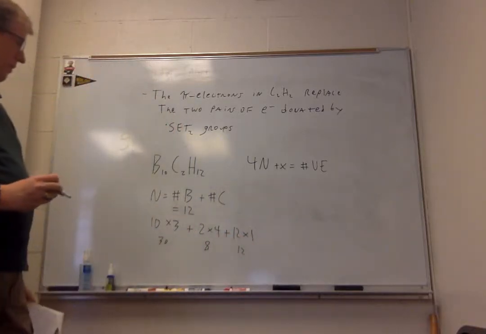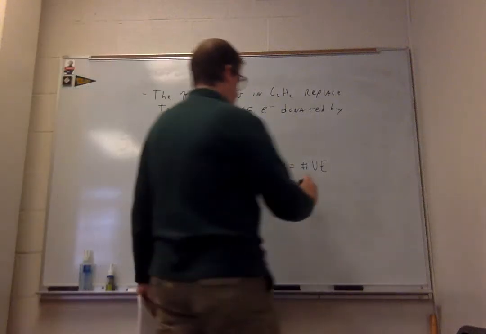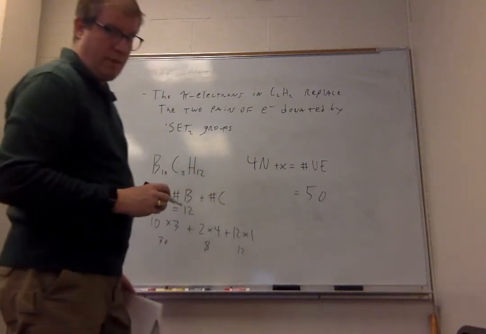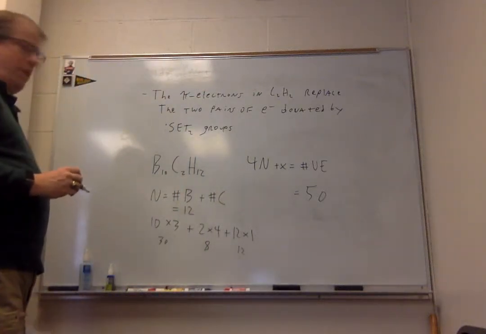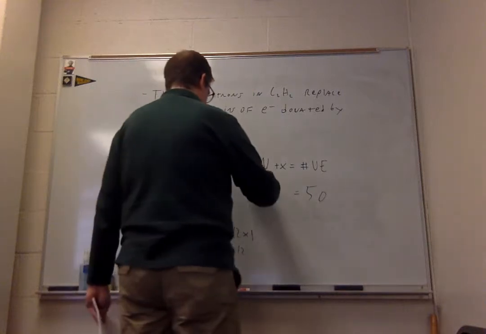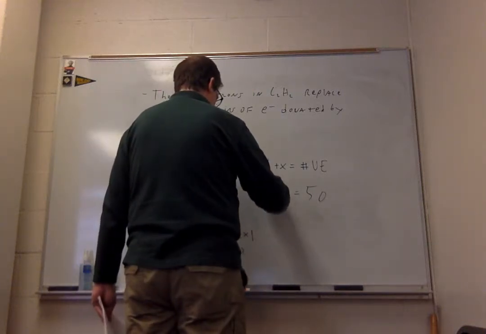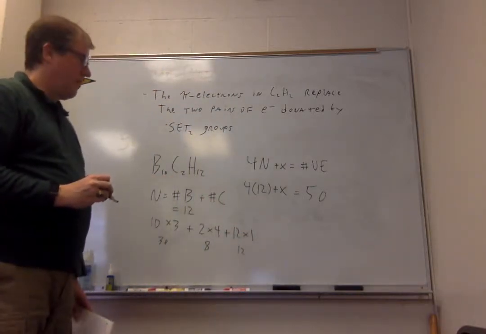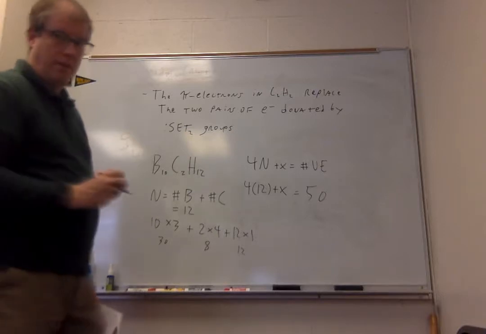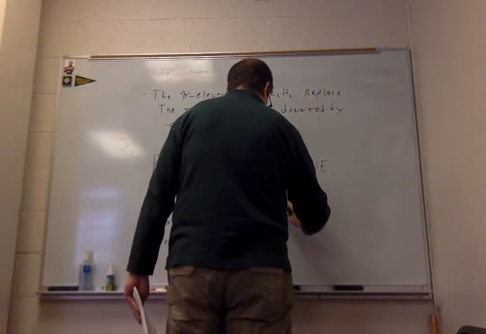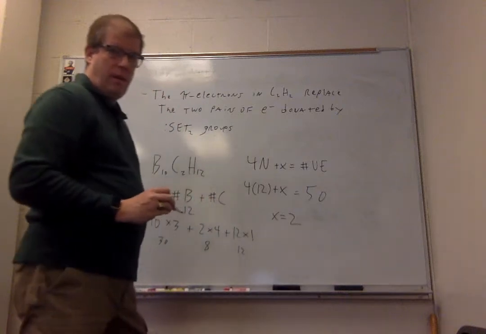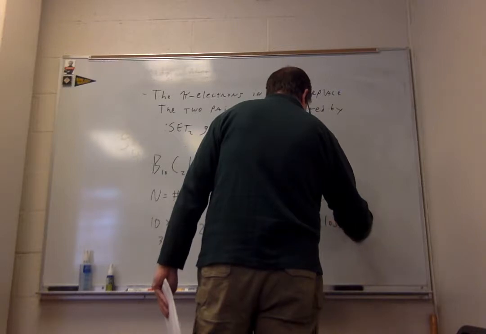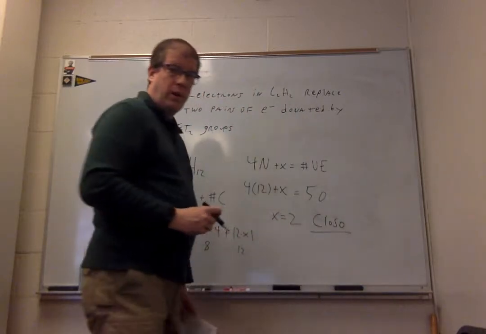So our total number of valence electrons is 50. That number should look familiar. If we then plug in our number of vertices, what you're going to get is 48 plus x equals 50. X equals 2. You've turned a nido cluster now into a closo cluster.